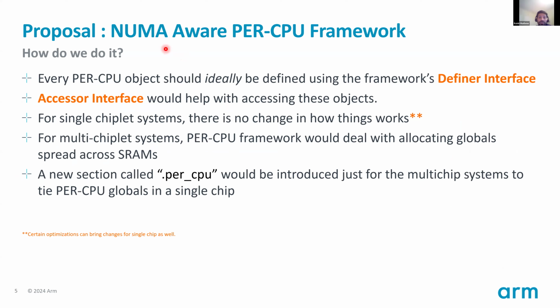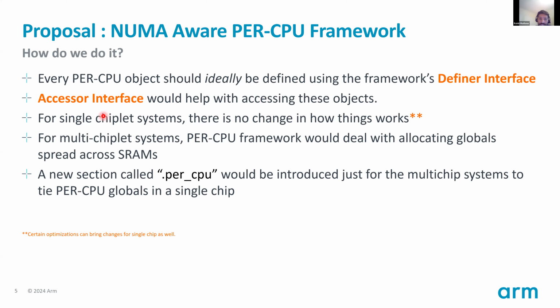And what it would do is, it is like any other per-CPU framework, but it also supports NUMA allocation, which means that underneath the framework for multi-chip systems, it is going to spread out the allocations on different chiplets. And we have two aspects to it. One is the definer interface, then the other is the accessor interface. So definer interface is the interface that we use for defining any variable, any objects, any per-CPU object. An accessor interface would be likewise used for accessing these objects.